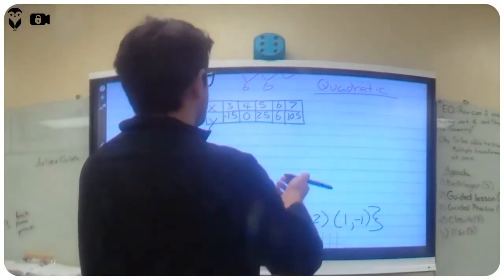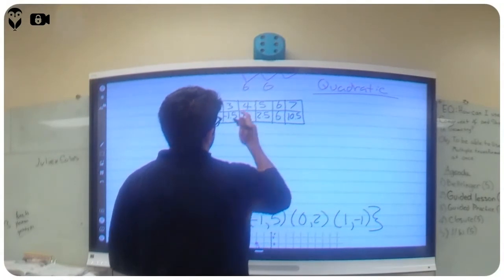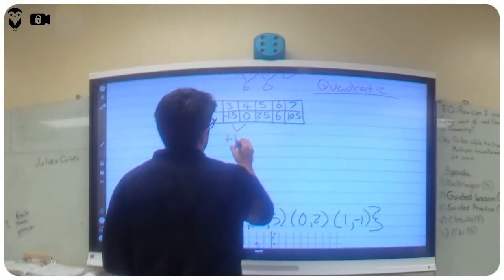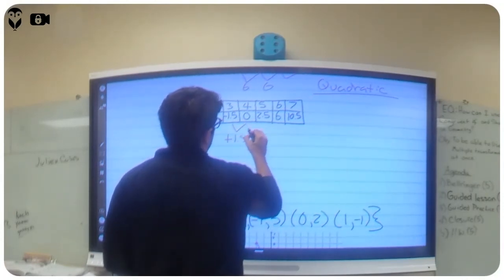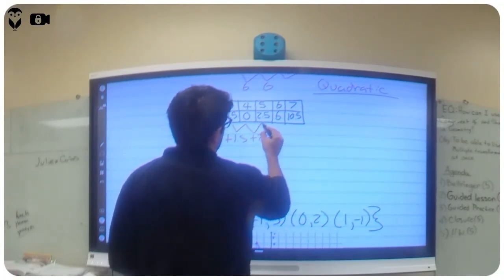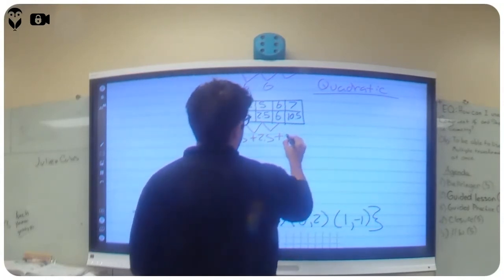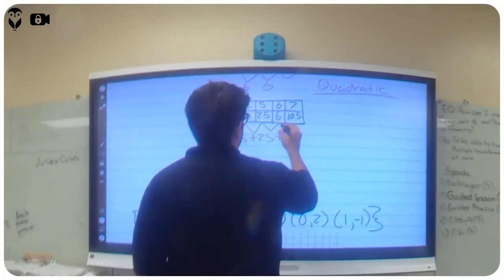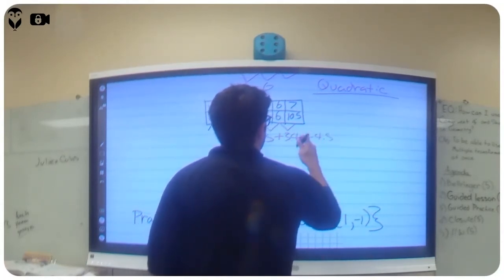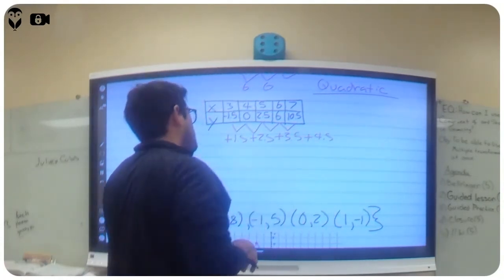Okay, so now we're doing this one. How far is -1.5 to 0? That's adding 1.5. Then from 0 to 2.5 is adding 2.5. Then 2.5 to 6 is adding 3.5, and 6 to 10 is adding 4.5.